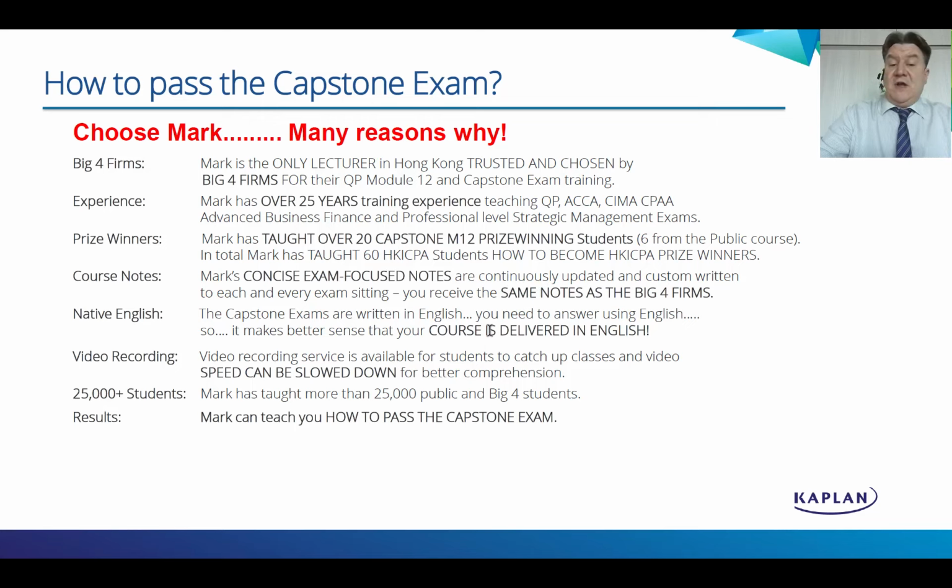And of course, your exam is in English. You need to write in English. Doesn't it make sense to have your tuition in English as well? If I speak a little bit too fast, it's video recorded, so you can slow the speed down. You can re-listen to the lectures time and time again. I've taught many students in the many years I've been teaching here at Kaplan.